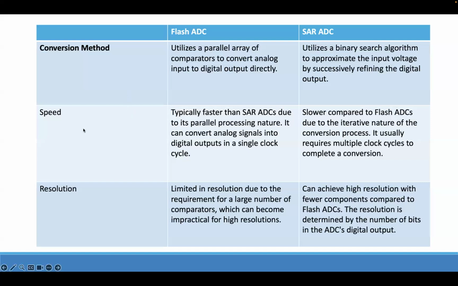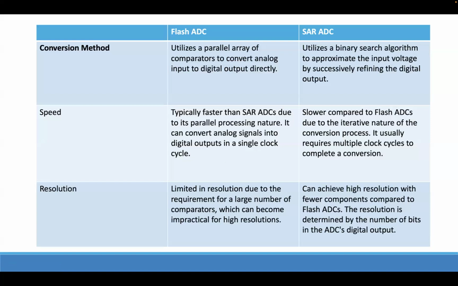For the speed, the flash ADC is faster than the SAR, as we said, because of its parallel processing nature.